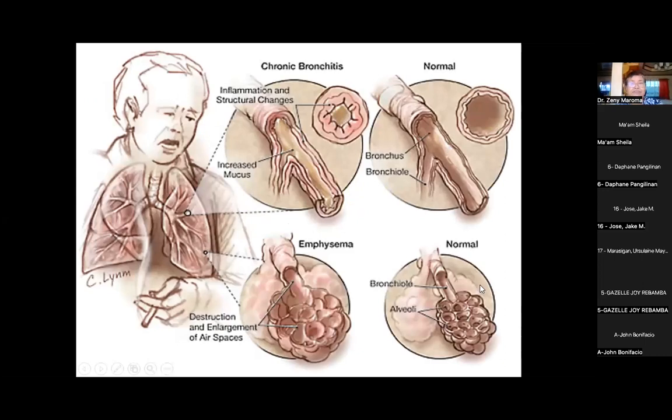Ayan. So, take a look. Ito yung normal airway. So, normal airway, trachea, bronchi, bronchial, okay? Patent. Maganda. No obstruction. Kaya maganda ang pasok at paglabas ng hangin. Okay, so we have good lung inflation.